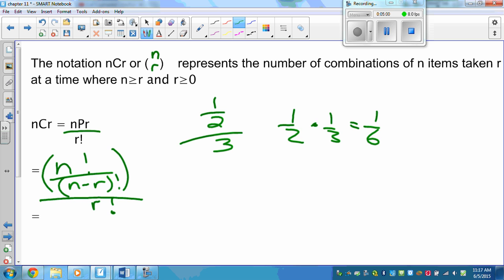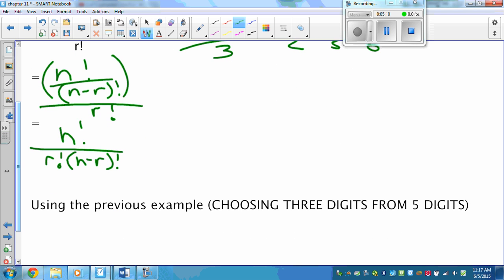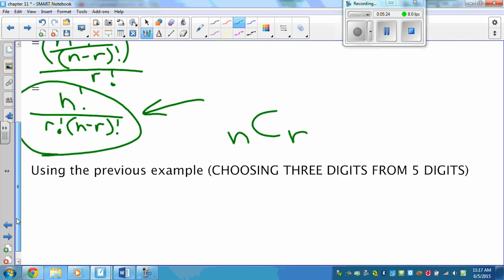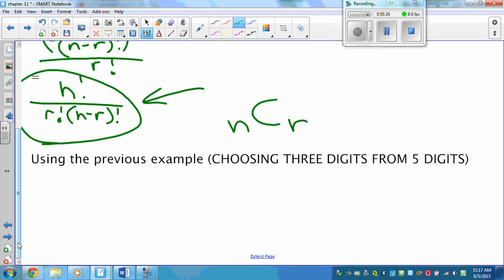Similarly here we could have n factorial over r factorial times n minus r factorial. So this is the formula for nCr. And yes, you have a calculator button that looks like this, nCr. Sometimes using the formula will be advantageous though.